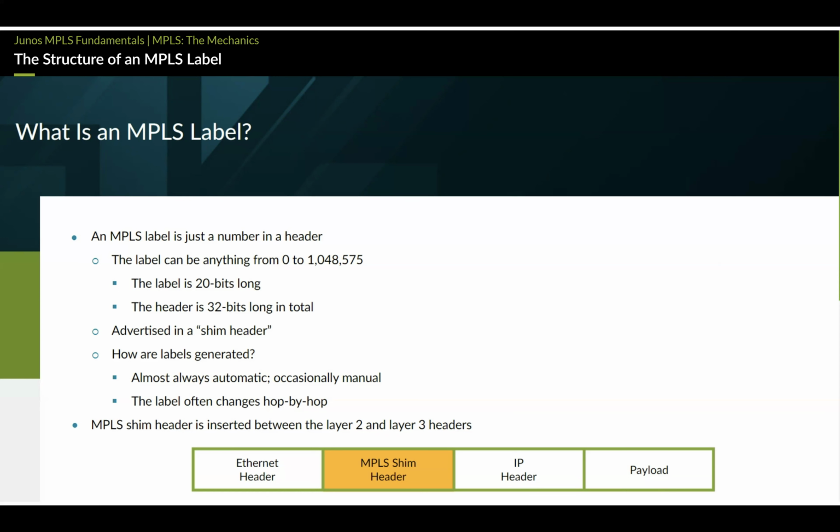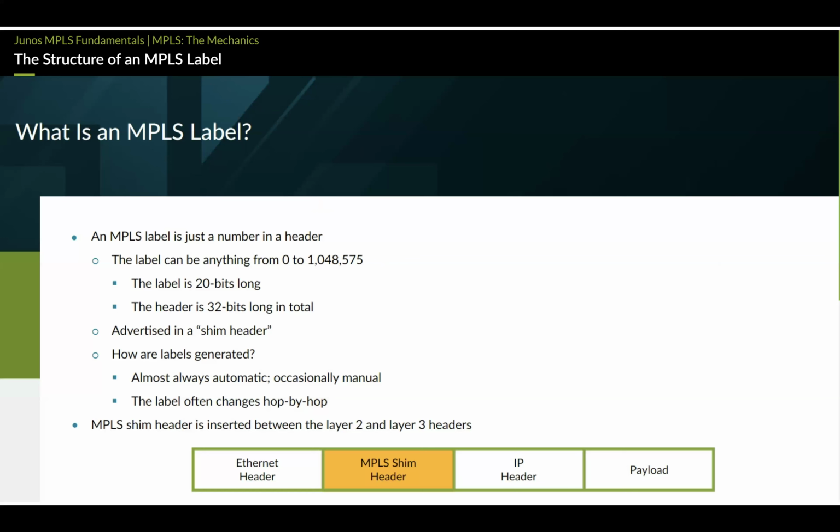An MPLS label is just a number in a header. It is a numeric number, starting from 0 and ending at 1048575. Total is 20 bits long.